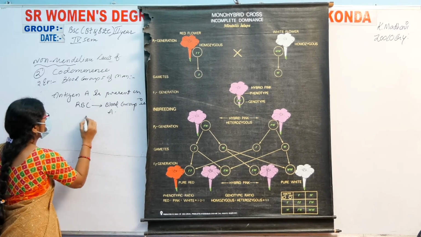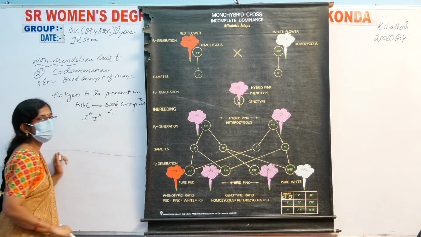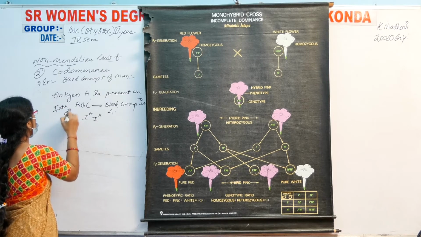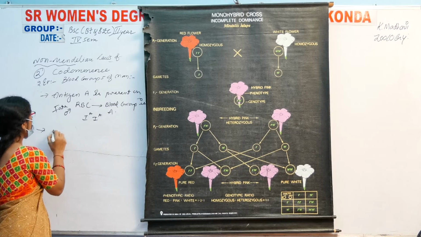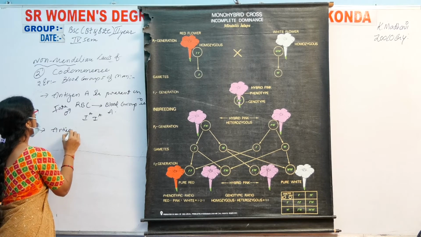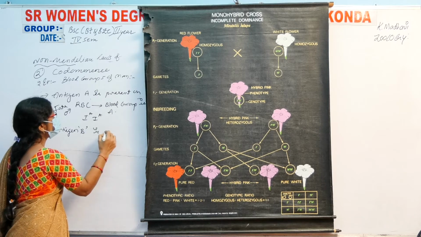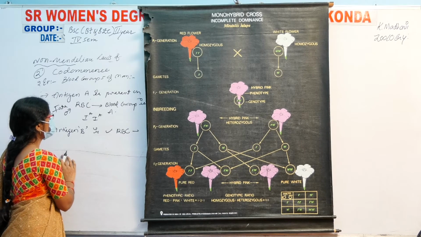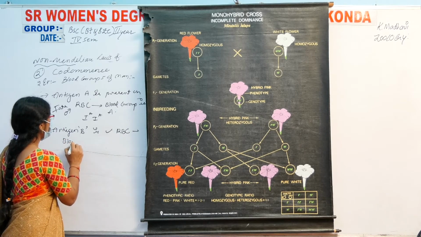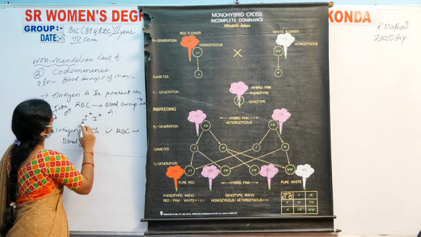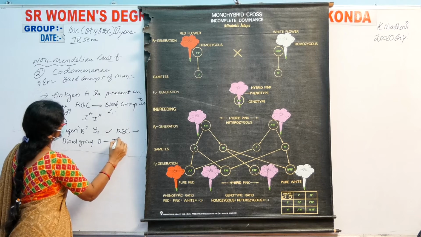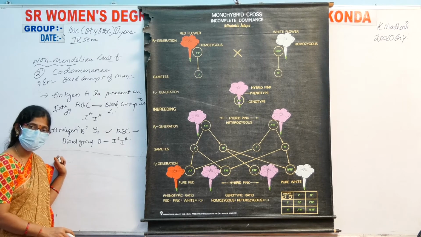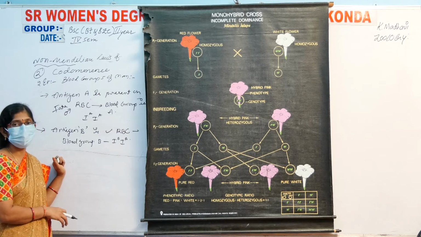How can we write this A? For example, if the father, the male, has antigen B present on the RBC, the person carrying such RBCs belongs to blood group B. And if antigen A and B both are present, that is the AB group.